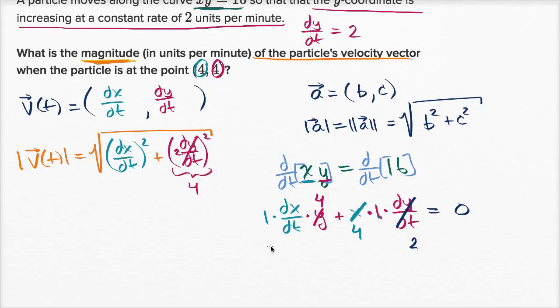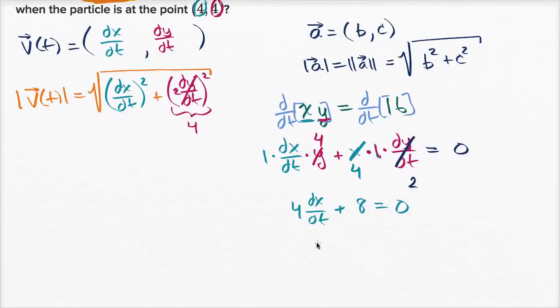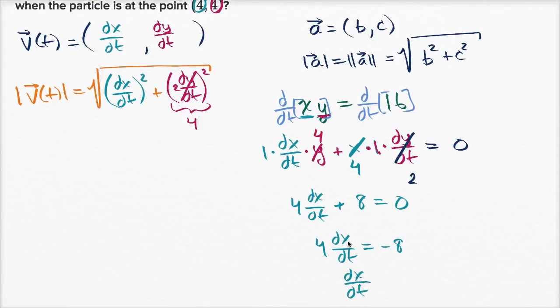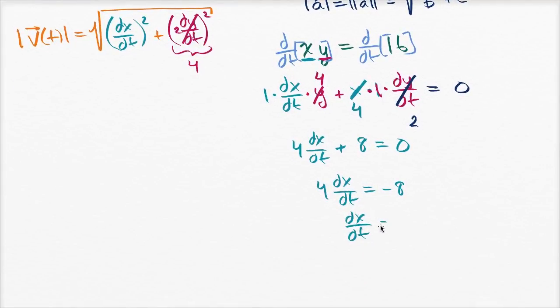So let us write it out. This gives us 4 dx/dt plus 4 times 2, which is 8, is equal to 0. So we have 4 dx/dt is equal to negative 8. Subtracting 8 from both sides and dividing both sides by 4, you get dx/dt is equal to negative 2.